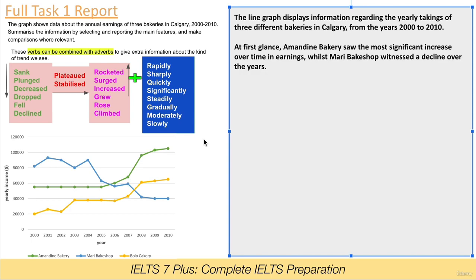Okay, so in 2000, Bolo Cakery received the least money for that year at $20,000.